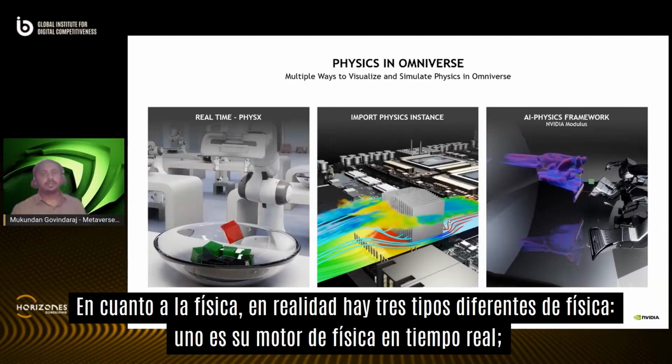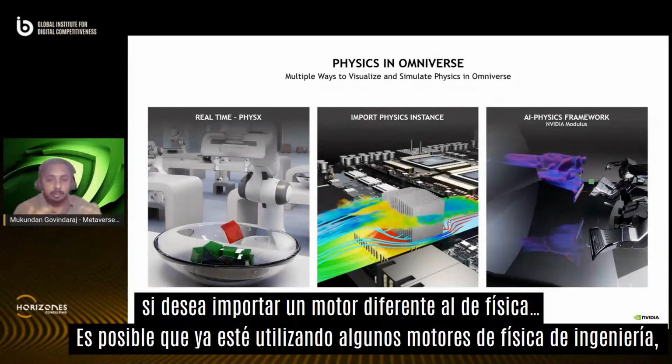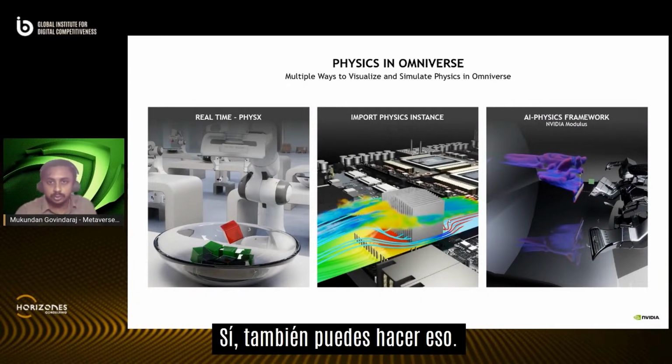So when you talk about physics, there are actually three different types of physics. One is your real-time physics engine. Also, if you would want to import physics from different physics engines that you might already be using, some engineering physics engines, yes, you can also do that.